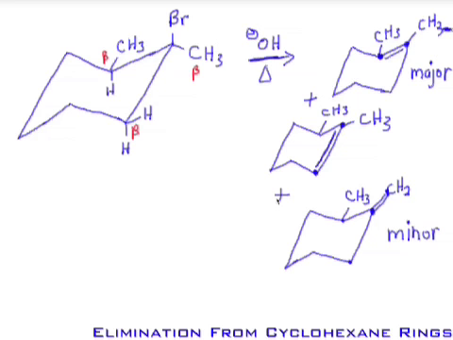I'd like to go back to that one. Try to make a scenario where substitution couldn't happen. Remember, if you're asked to do E1, let's try that in this case.